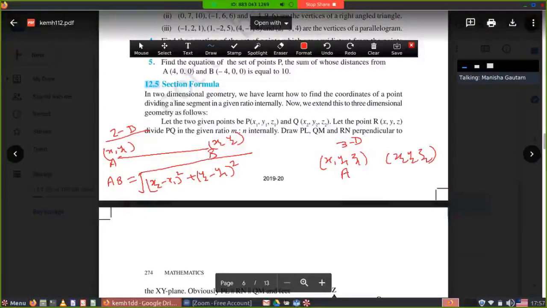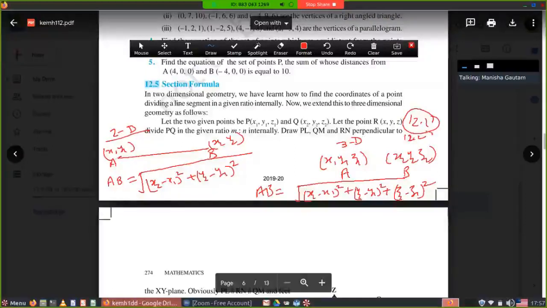If A is this one and B is this one, then the distance AB is equal to the square root of (x2 minus x1) whole square plus (y2 minus y1) whole square plus (z2 minus z1) whole square. This we studied in the previous lecture. I hope you have done the questions of exercises 12.1 and 12.2. This is the revision of the previous exercise. Now I'm talking about the section formula.